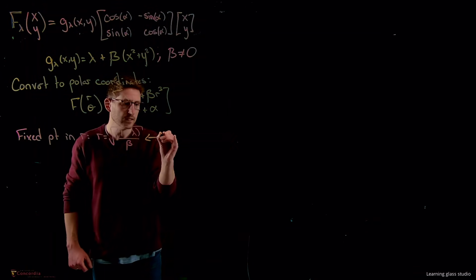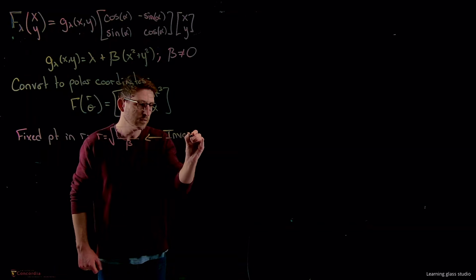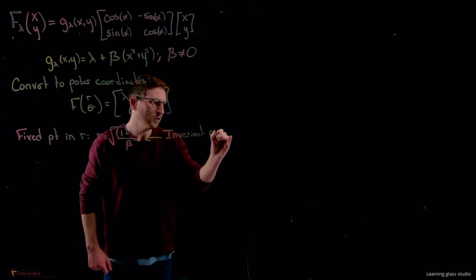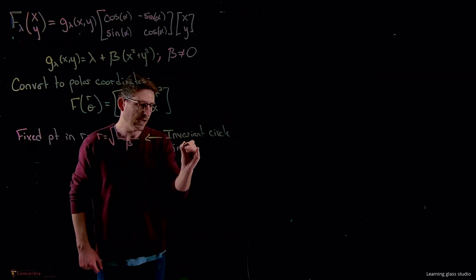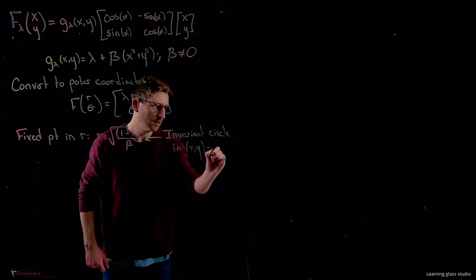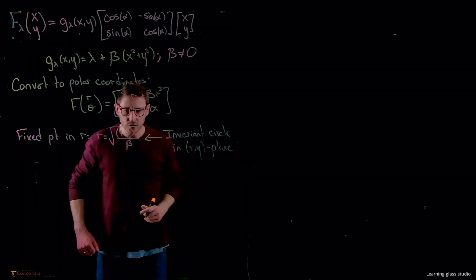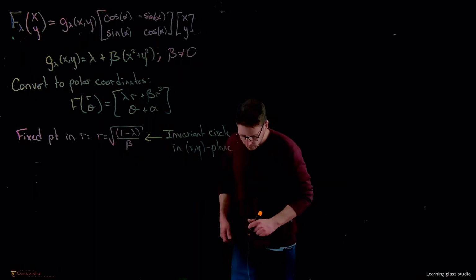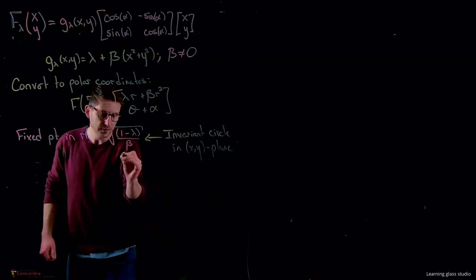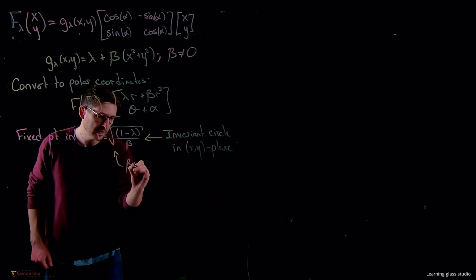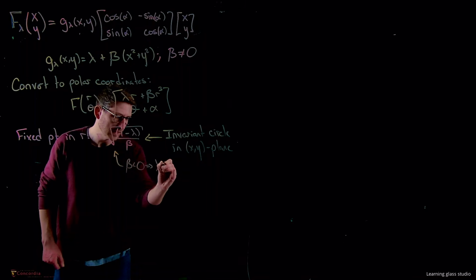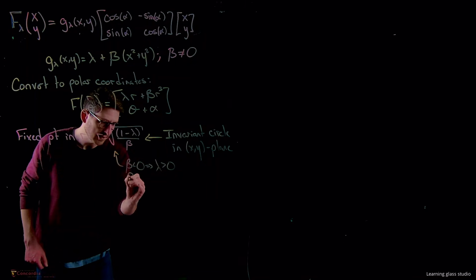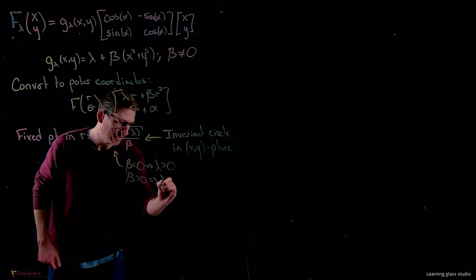This is an invariant circle in the xy plane. You can also check that for beta negative it is going to be repelling. Beta negative implies that lambda has to be positive, whereas beta positive implies that lambda has to be negative.